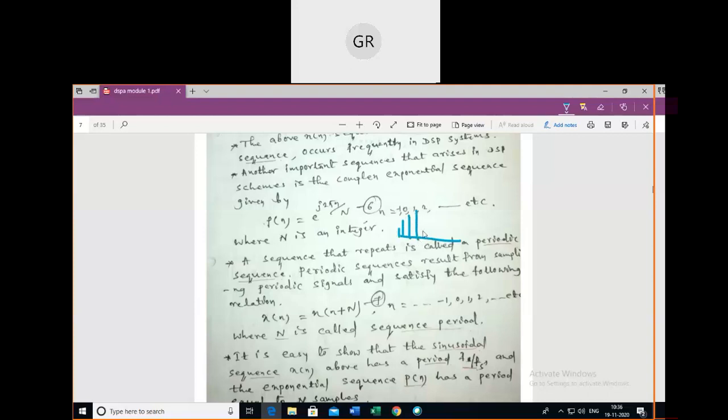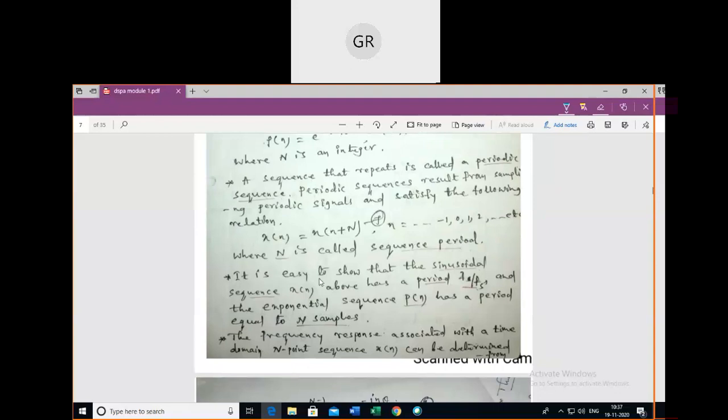The same sequence can be repeated again, 1, 2, 3, 4, again 1, 2, 3, 4. The same sequence is repeated, right? This is called a periodic sequence.